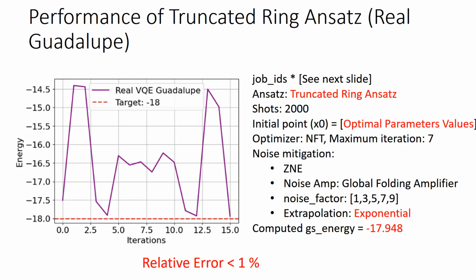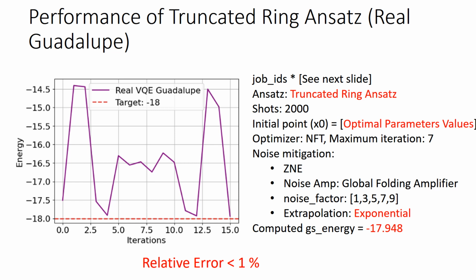By comparison, the performance of the truncated ring ansatz is much better. You can see on the graph shown on the left that the values are much closer to the target value of the ground state energy. The experimental settings are the same as those in the case of the untruncated ring ansatz. However, in this case, the relative error is less than 1%.